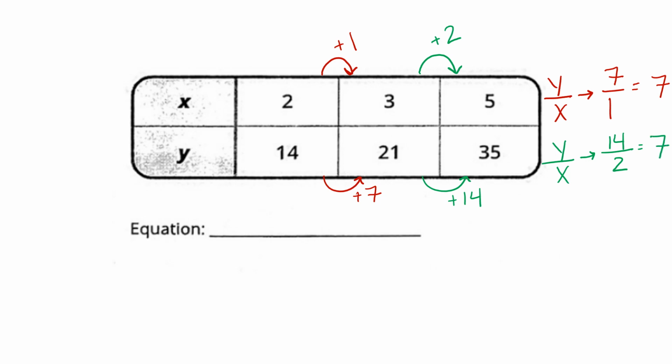Since both of them give us a value of 7, we know that is our slope, or our rate of change. And so my equation, y equals kx, is going to be y equals 7x, because 7 is the number that they both have in common.